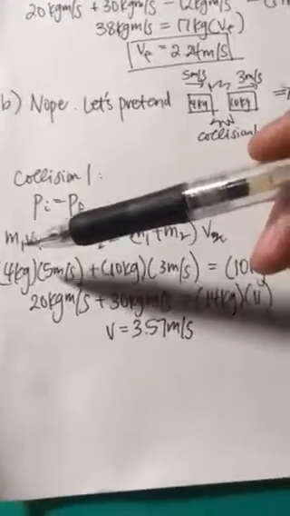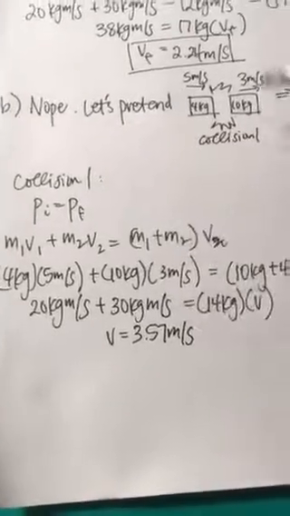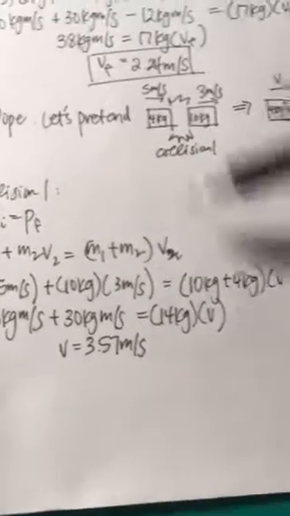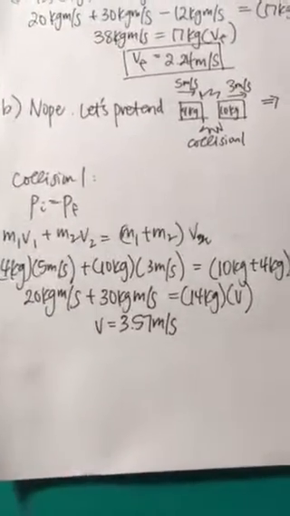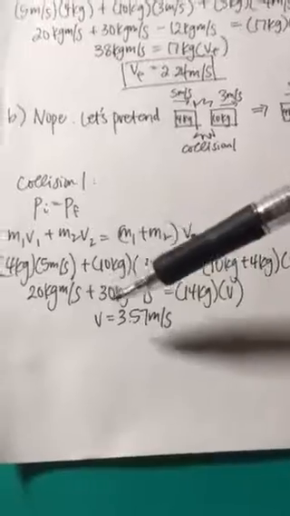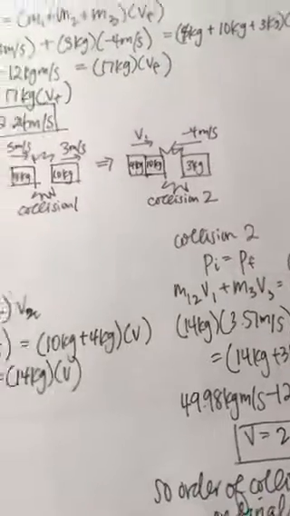But first we see 4 kilograms times 5 meters per second, that's how fast it's going, plus 10 kilograms times 3 meters per second equals the combined mass, which is 14 kilograms times v. If we just solve that out, we get v equals 3.57 meters per second. That means that this is traveling at 3.57 meters per second when it hits this 3 kilogram block.